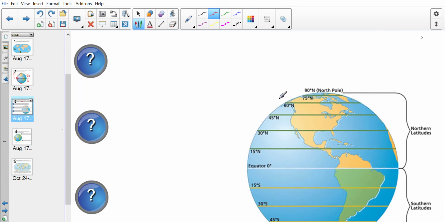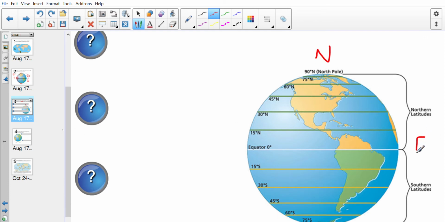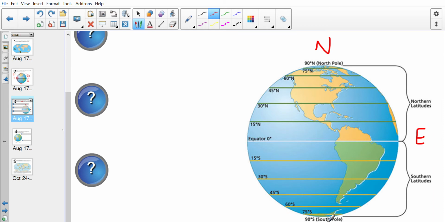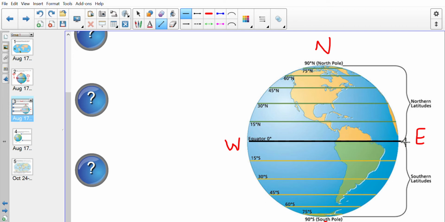And again, they're lines that run from east to west, but they measure the northern and southern hemisphere, which is separated by this equator, measuring 0 degrees.